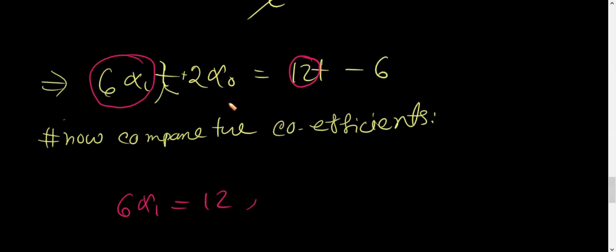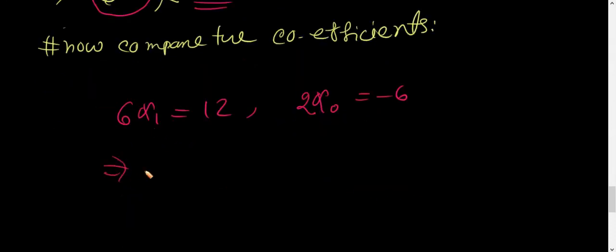Here you can see that constants are appearing, they should also be equal to each other, and you can think of it like coefficients of t to the power 0. You can always think of these constants like this as well. So on the left hand side the coefficient is 2 alpha 0, and on the right hand side it's minus 6. So just write 2 alpha 0 equals minus 6, and if you solve them you have alpha 1 equals 2 and alpha 0 equals minus 3, and that's it, we are done.